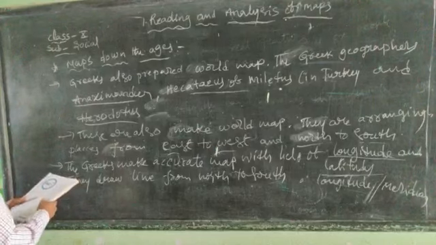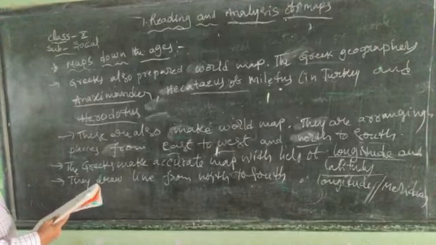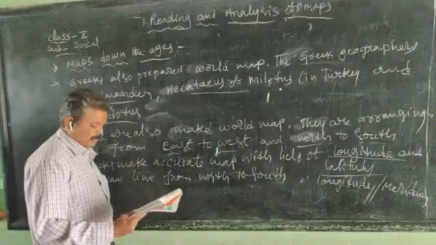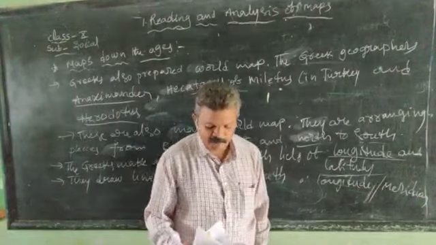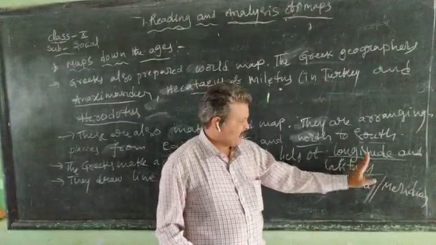So the places which had equal length, they also tried to draw latitudes, joining places of equal length. Longitudes join north to south.